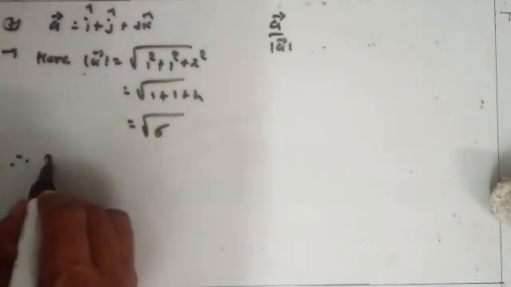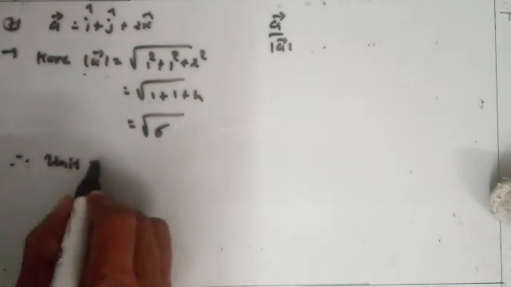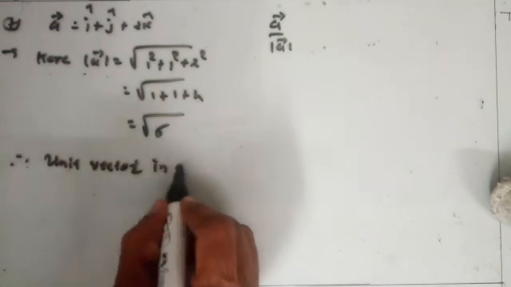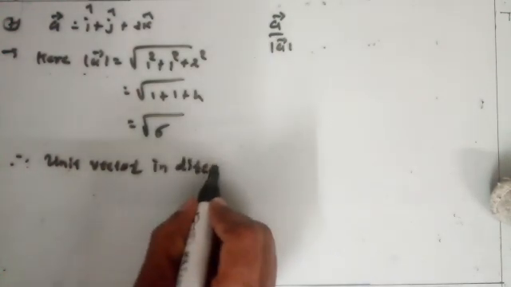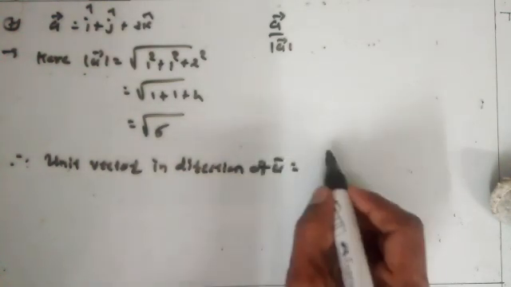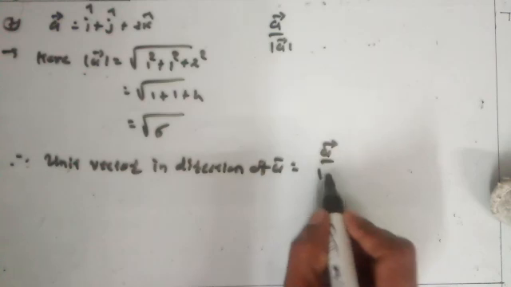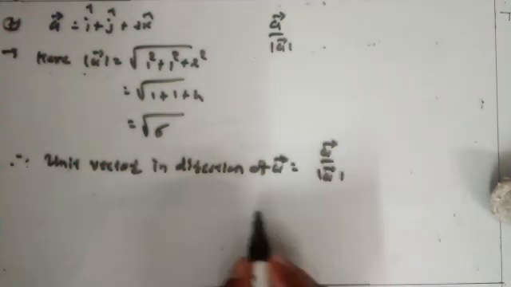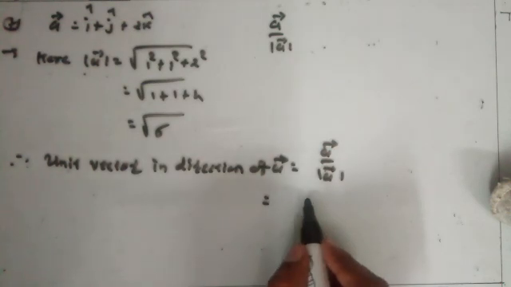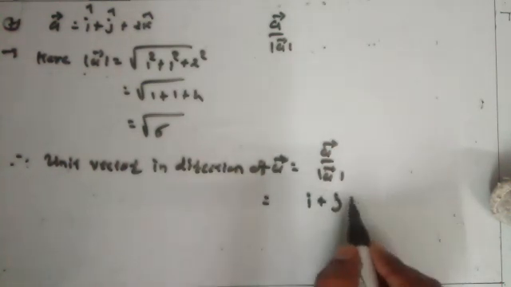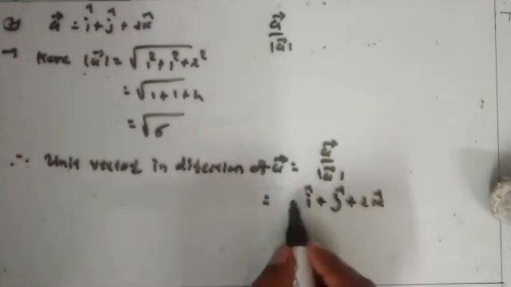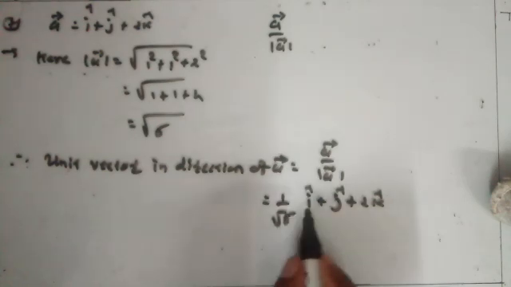Therefore the unit vector in the direction of A is equal to A upon mod of A, where A is i plus j plus 2k, upon mod of A, which is root 6.